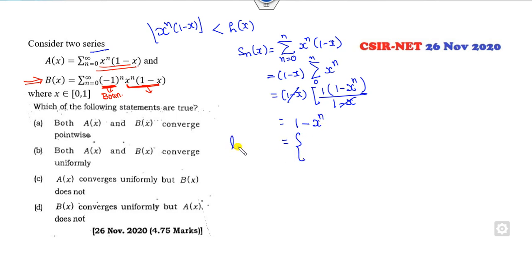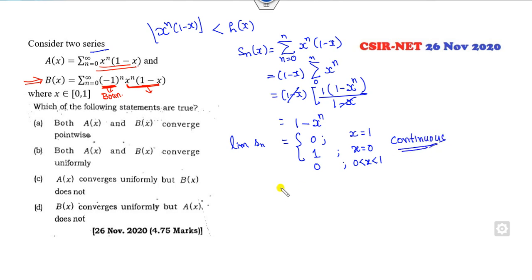What is the limit of this Sn? When x is equal to 1, it's 0. When x is equal to 0, it is 1. When it lies between 0 and 1, it will be 0. This is the limit. What is the meaning of that? It is continuous. Fine.